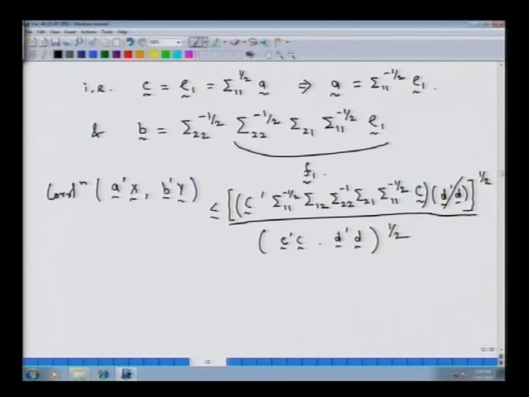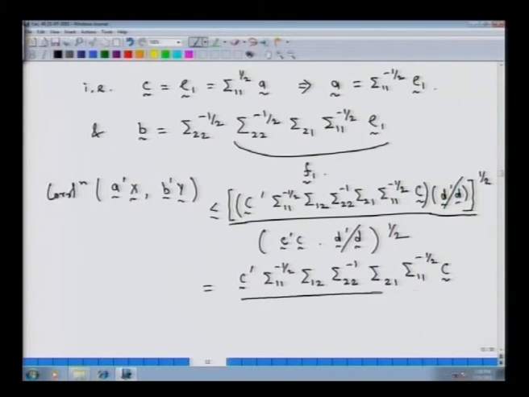As we see, these two terms cancel out, and this is equal to C prime sigma 11 to the power minus half sigma 12 sigma 22 to the power minus 1 sigma 21 sigma 11 to the power minus half times C, divided by C prime C, whole raised to the power half.